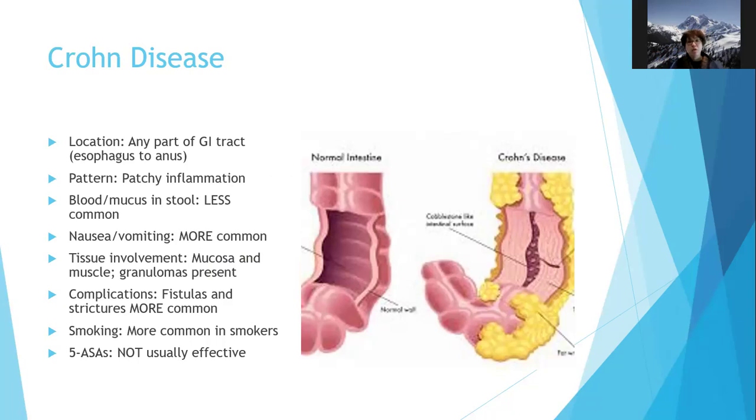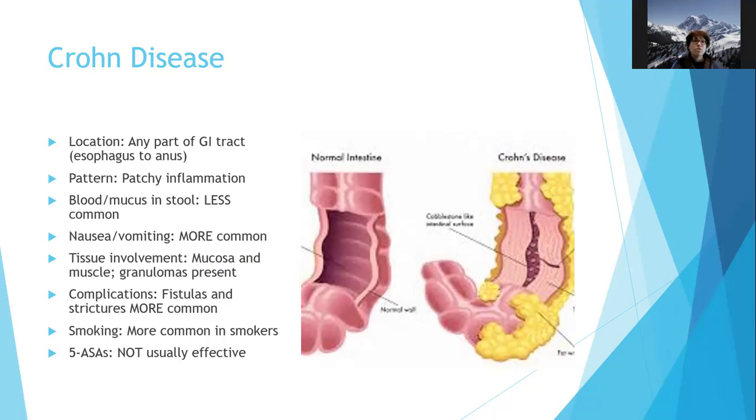Nausea and vomiting are more common with Crohn's and less common with ulcerative colitis. The mucosa and the muscle of the intestine are affected, and there are granulomas, which are those little fibrous nodules present. And fistulas and strictures can happen.